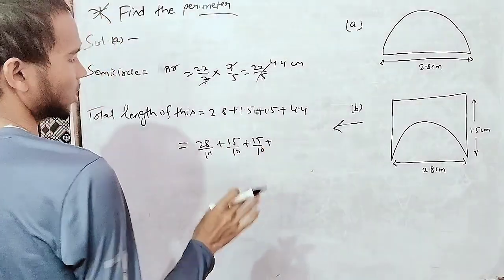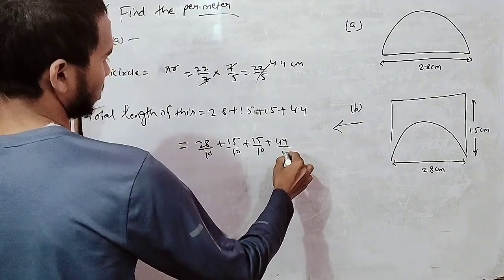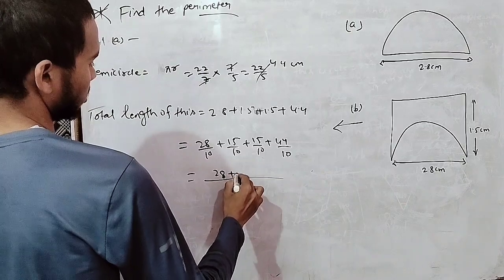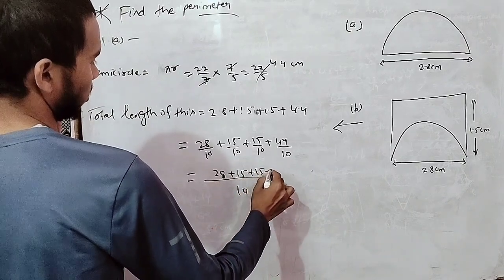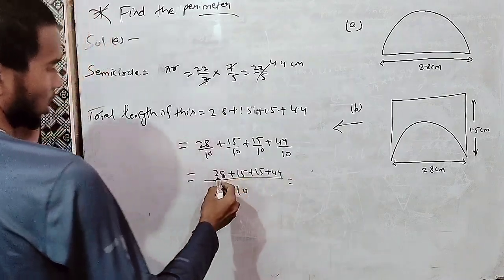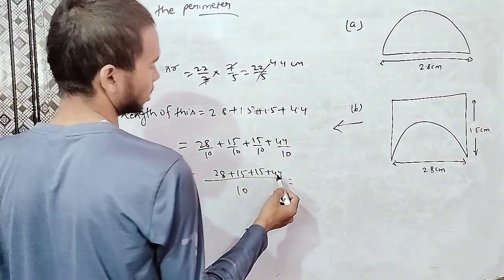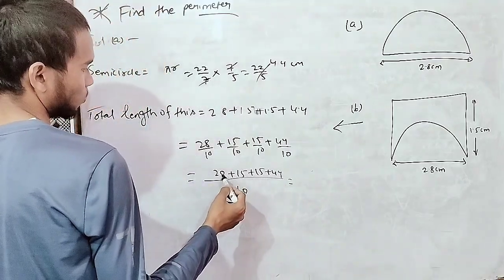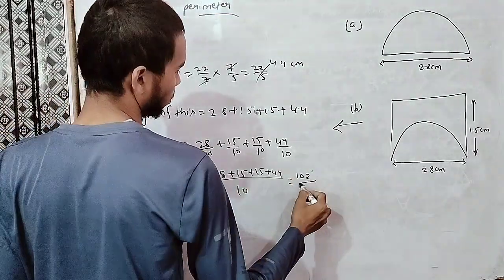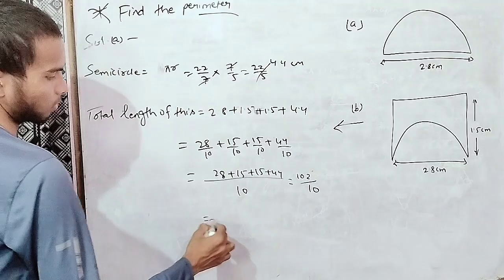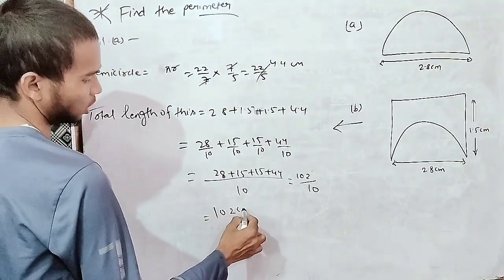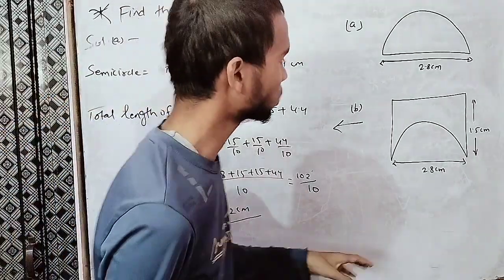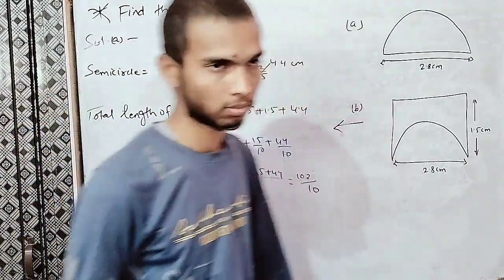We removed the decimal. 28, 15, 15, 44, 20, 30, 40, 80, 90, 100, 102 upon 10. We have 10.2 centimeter, which is the total length of the circumference of this figure.